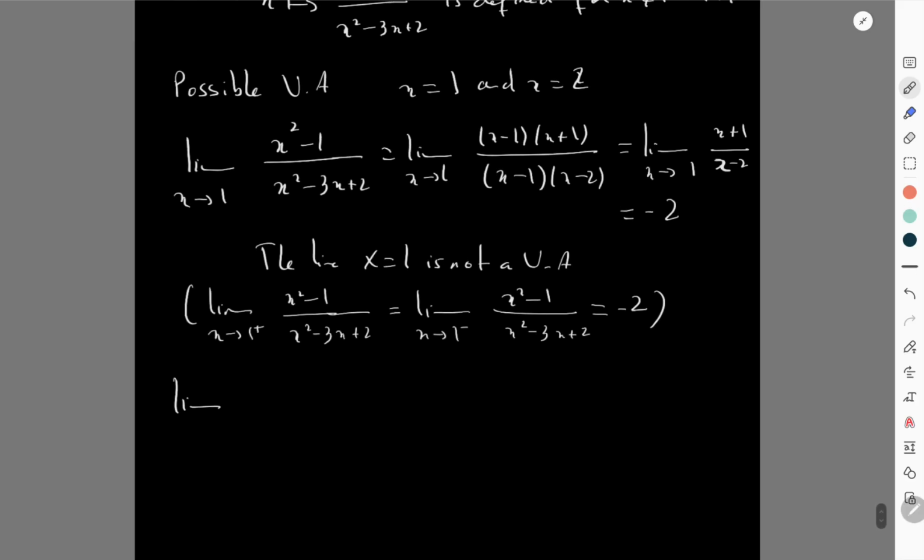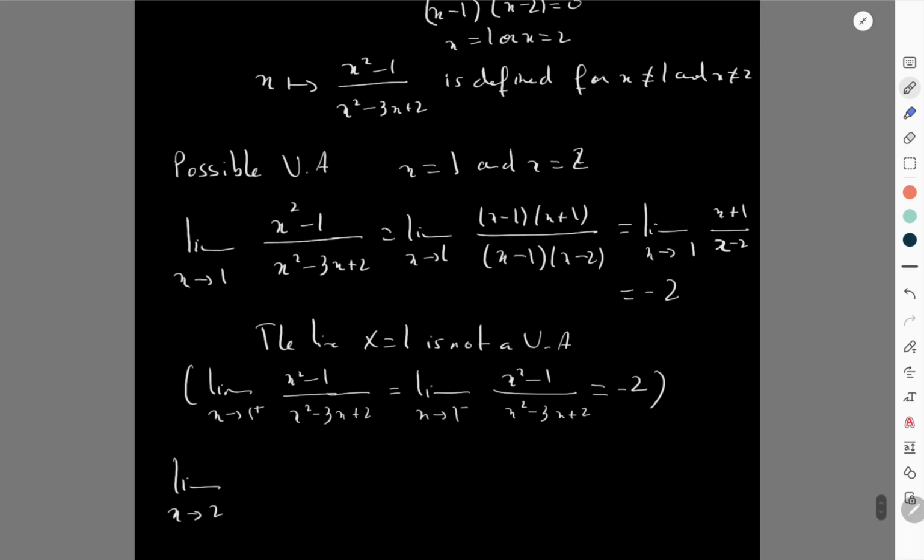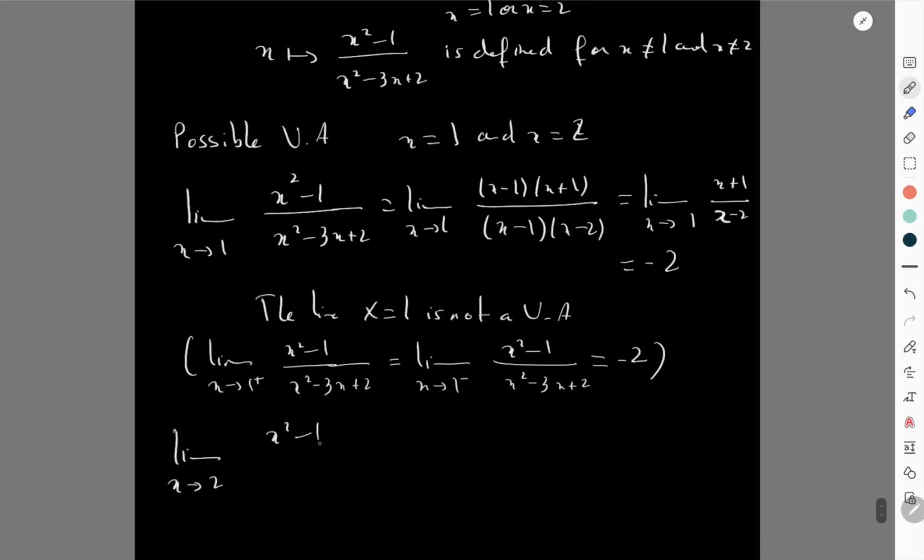The limit as x goes to 2 of x squared minus 1 over x minus 1 times x minus 2. Here the top is 3, right? So I have 3 over 0. Now 2 minus 1 is 1, times 0.